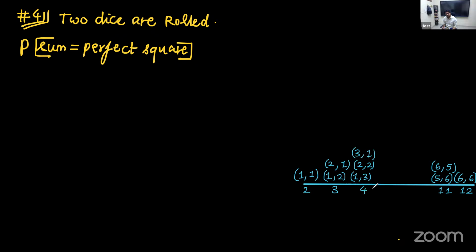That gives 3 ways in which the sum can be 4. And then 4 and 6, 5 and 5, 6 and 4.